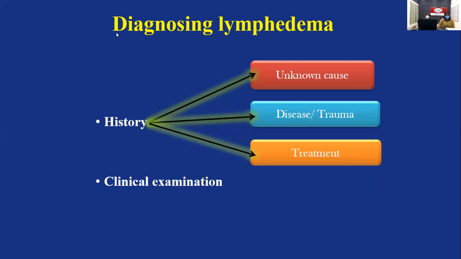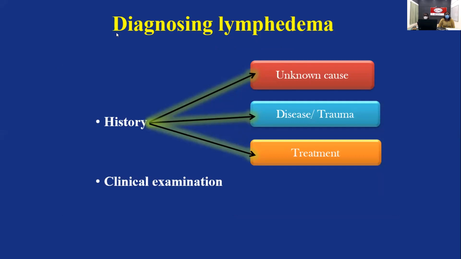So how to diagnose lymphedema? We need to understand that all edema is not lymphedema, so we need to diagnose it. How can we diagnose lymphedema? You have to take a good history. What are the things we need to find out during history taking? Is there any unknown cause?